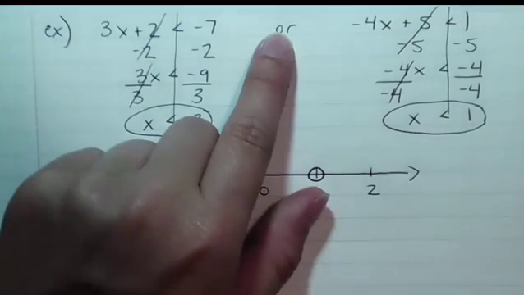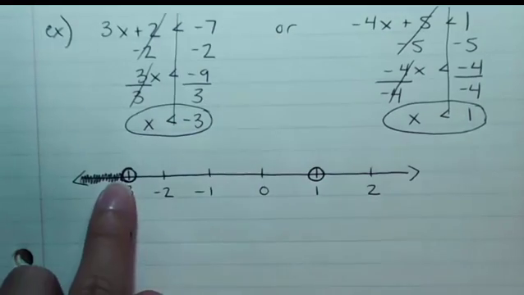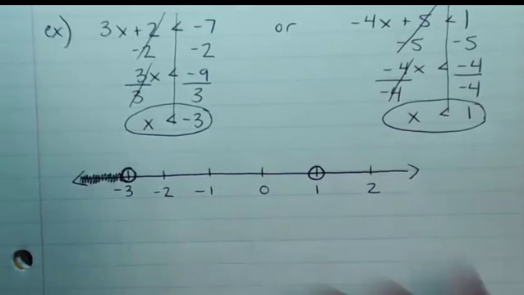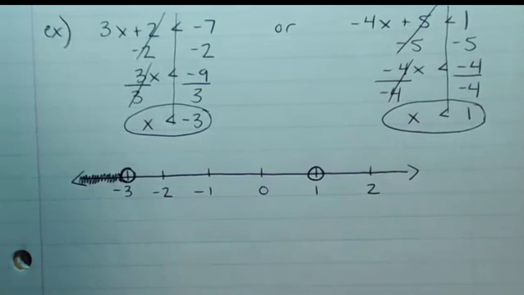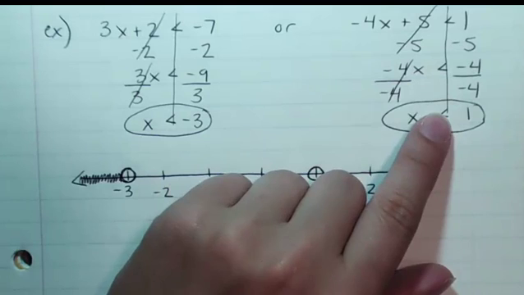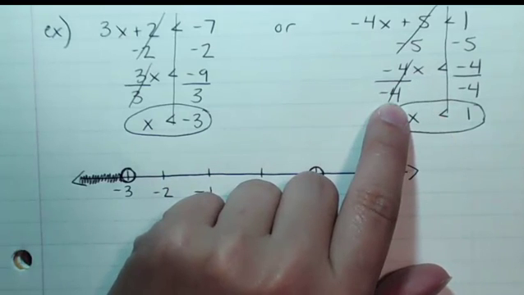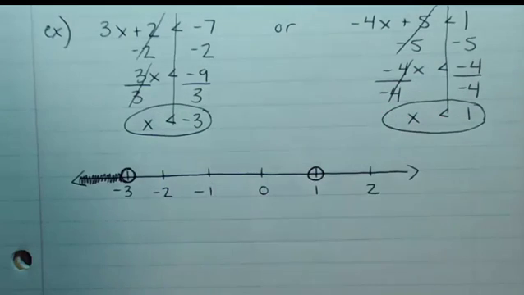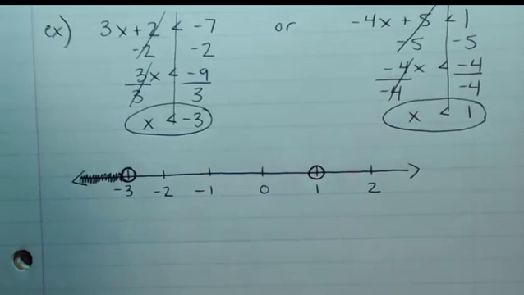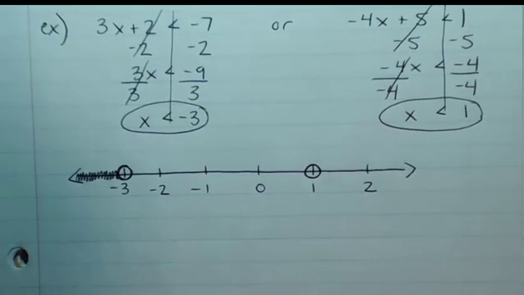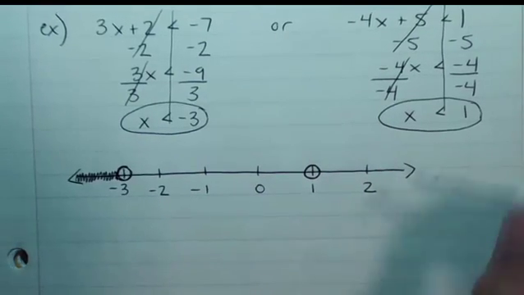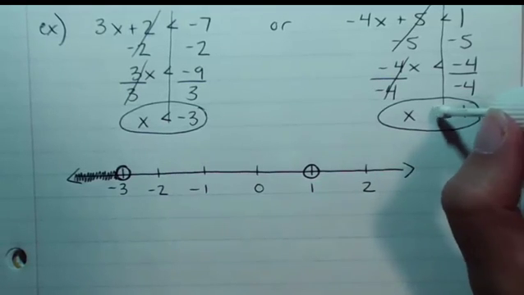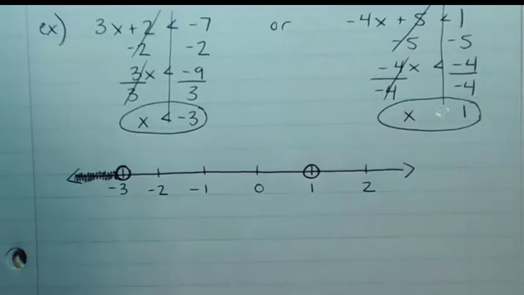Now I knew I made a mistake because again this is an OR, which means it should be going both ways where they don't overlap. What did I forget to do here? What did I divide by? That negative 4. Hopefully you caught it way before I did. If you did, perfect. Sorry if you caught that a while ago. I make mistakes too.